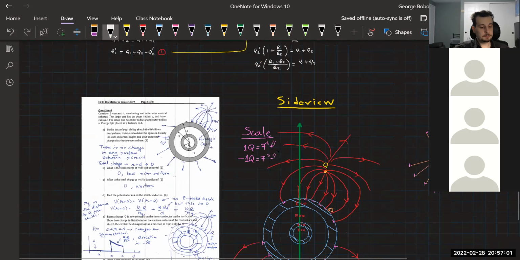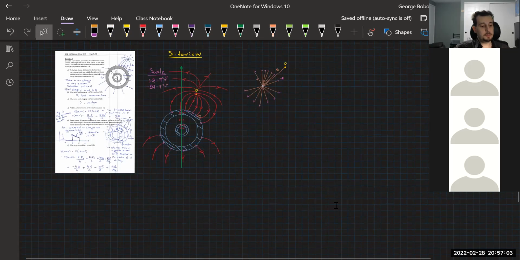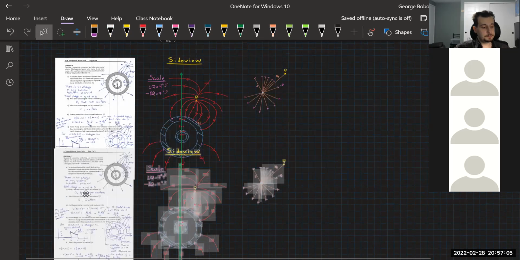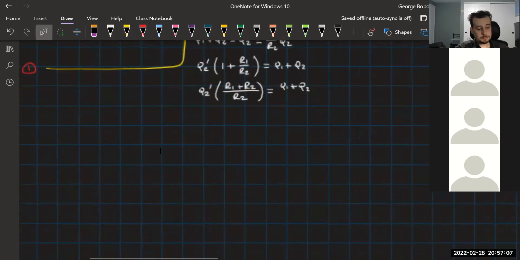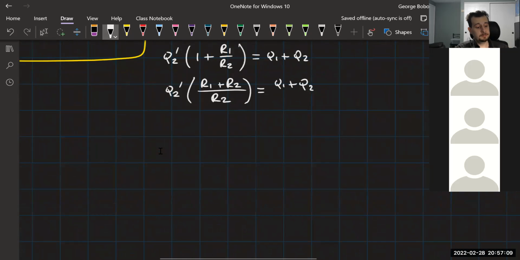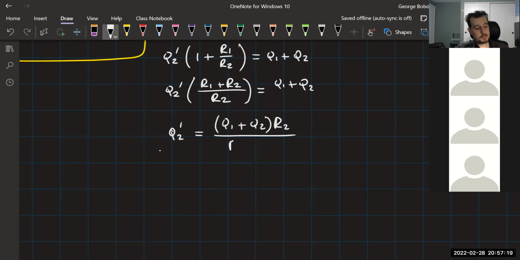Let me move that problem a bit lower. As you can see, Q2 prime, the charge that I'm now going to have on that conductor, is going to be (Q1 plus Q2) times R2 divided by the sum of the radii.